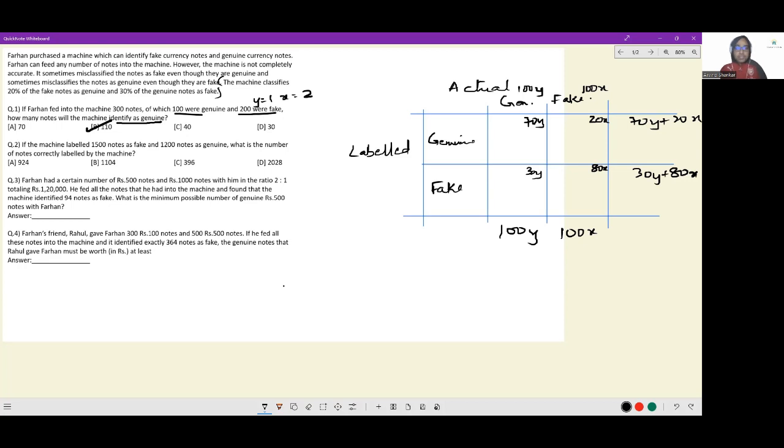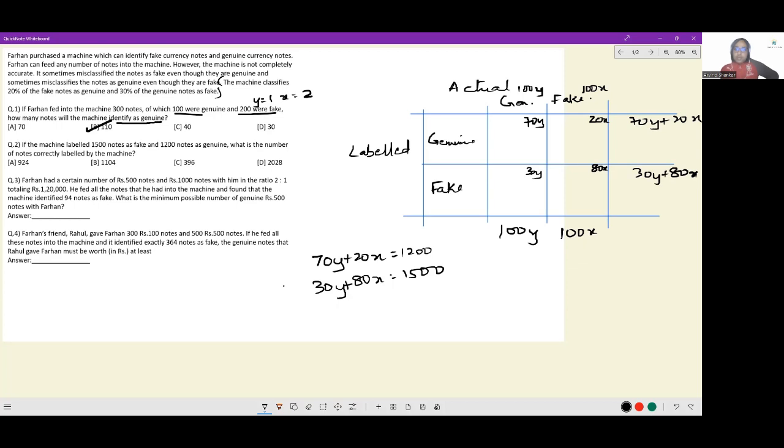Next, if the machine labeled 1500 notes as fake and 1200 notes as genuine, what is the number of notes correctly labeled by the machine? This is information for labeled. So we have 70y plus 20x is equal to 1200 and 30y plus 80x is equal to 1500.